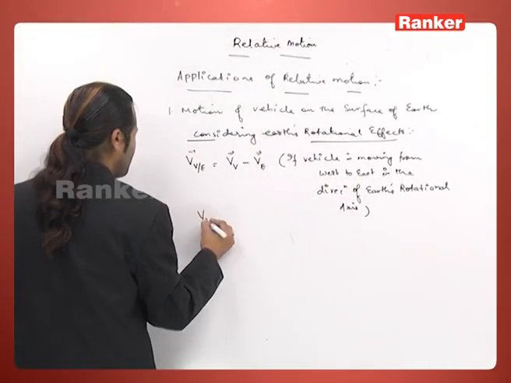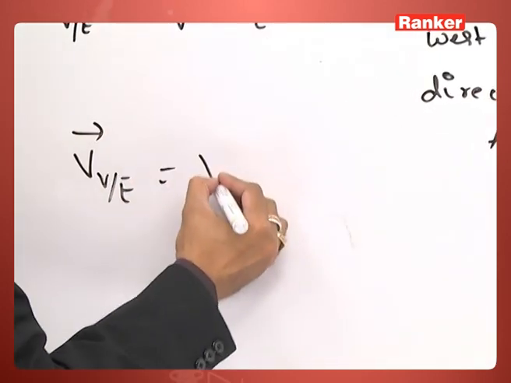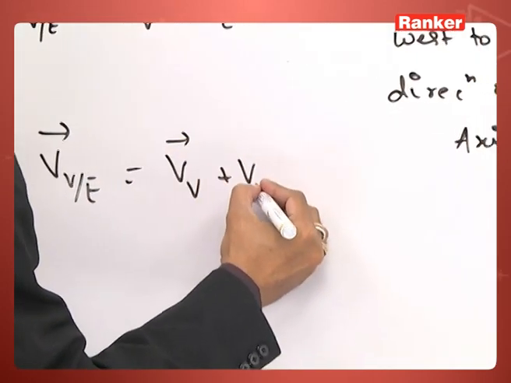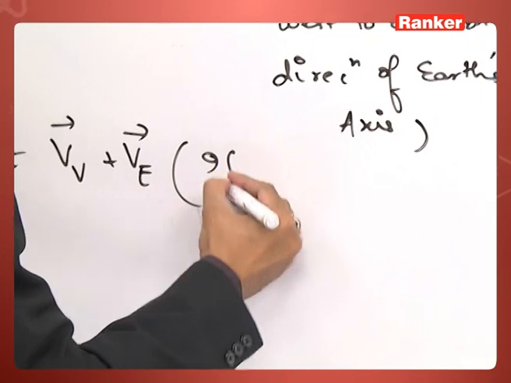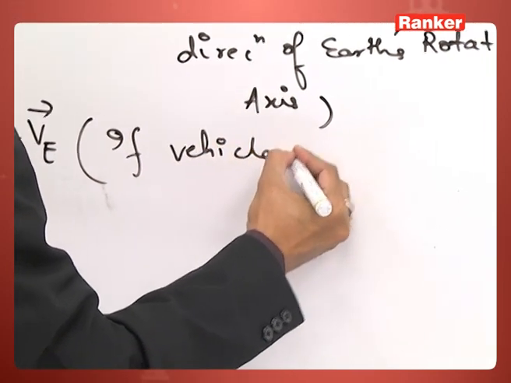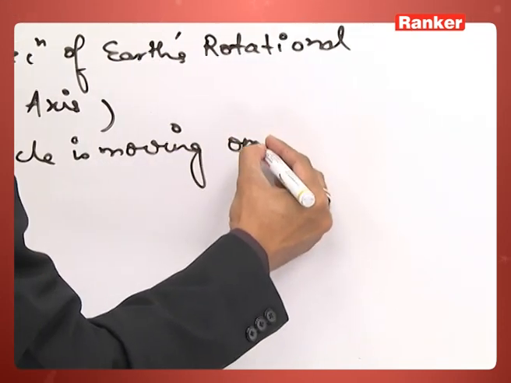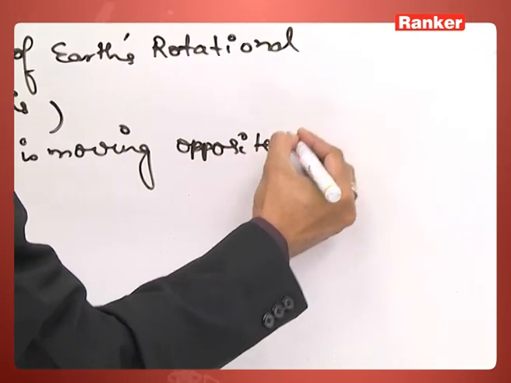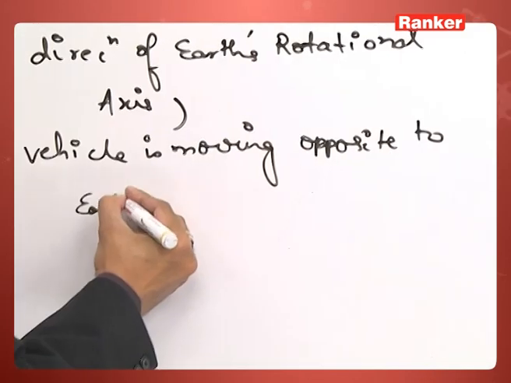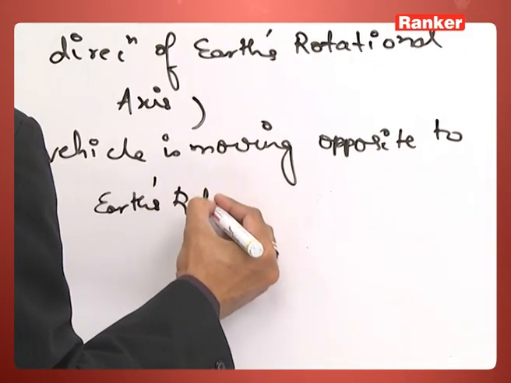Now V with respect to Earth is VB plus VE if the vehicle is moving opposite to Earth's rotational axis.